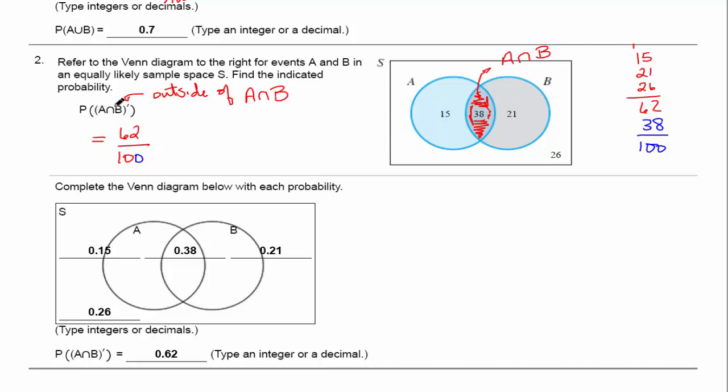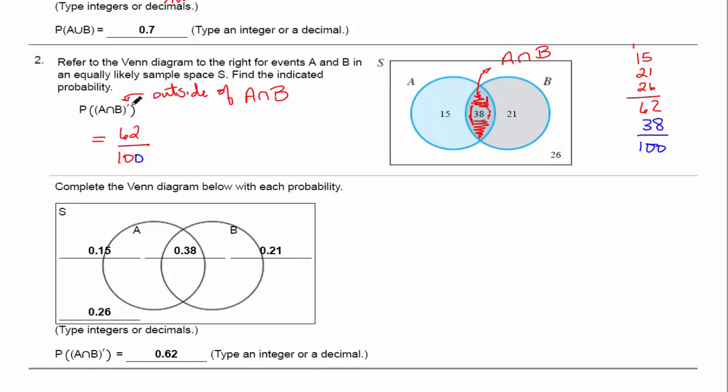Now what is this stuff? A intersect B. Well, that's the stuff in the middle. Now the little complement means everything outside of the intersection. So if I add up the stuff outside of the intersection, there's 15, 21, and 26, and that adds to give me 62.